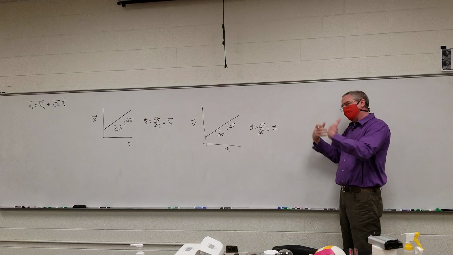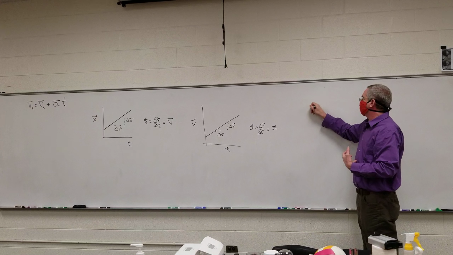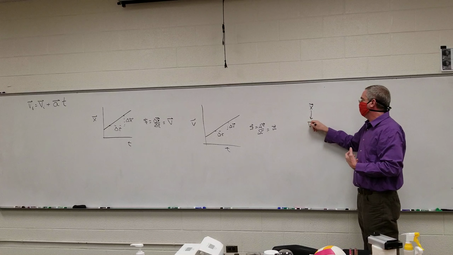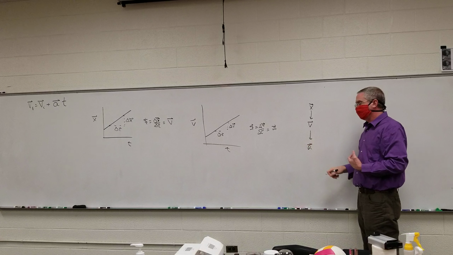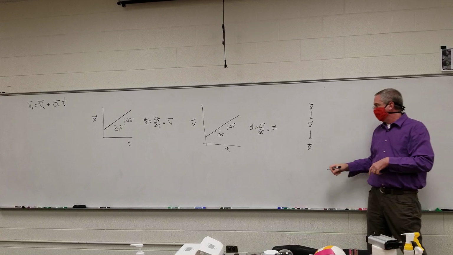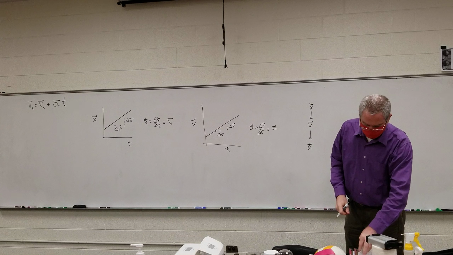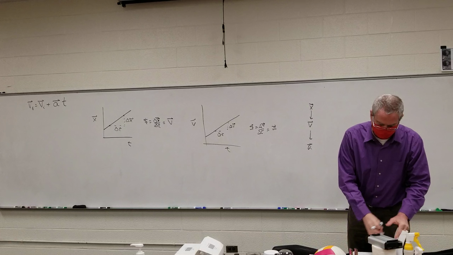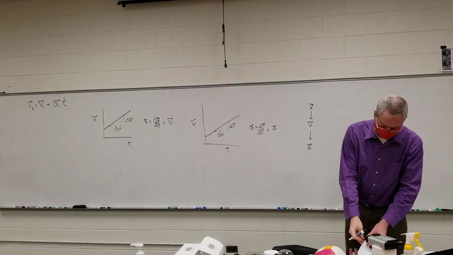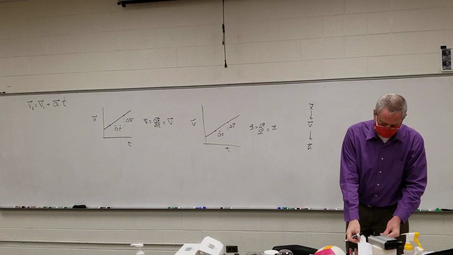So if I take the slope, I get the next one down. From position versus time, I get velocity. From velocity, I get acceleration. And let's do a quick trivia here: change in acceleration over change in time. SI units would be meters per second cubed.